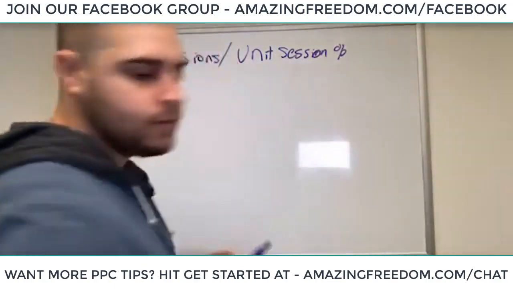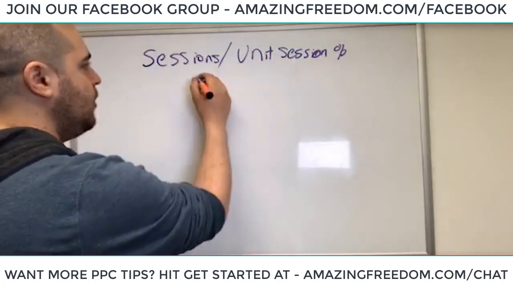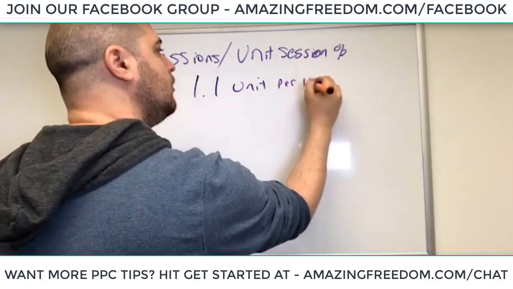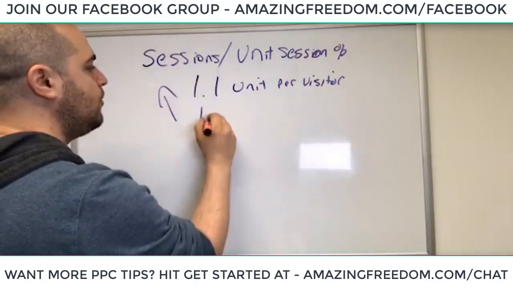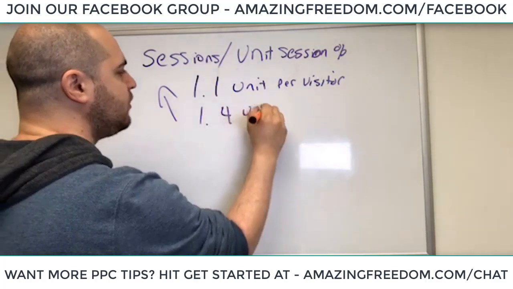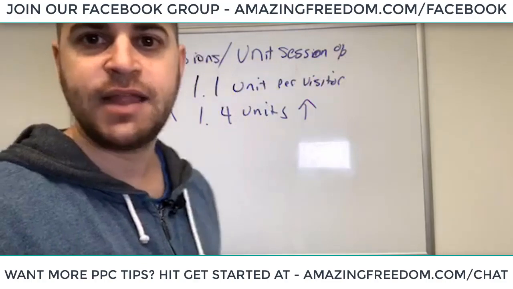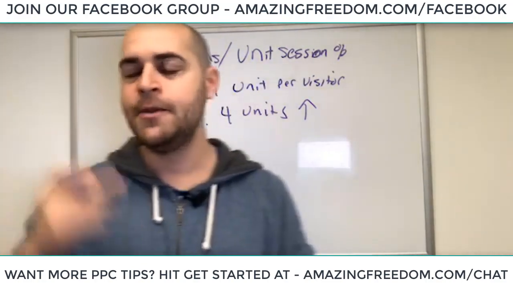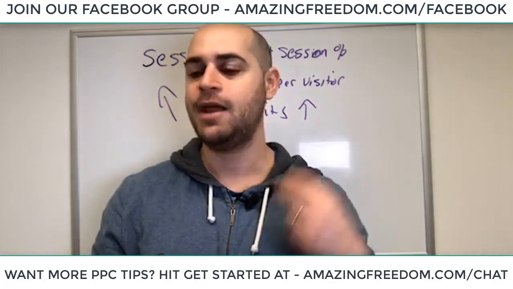For example, if on average on this product I'm selling 1.1 units per visitor, and I'm able to increase this to 1.4 units per visitor, that's going to increase my unit session percentage. Well, what can I do with this product? Think of some things you could do to get people to buy, instead of 1 unit, 2 or 3 units.